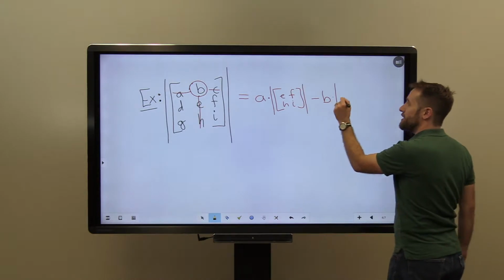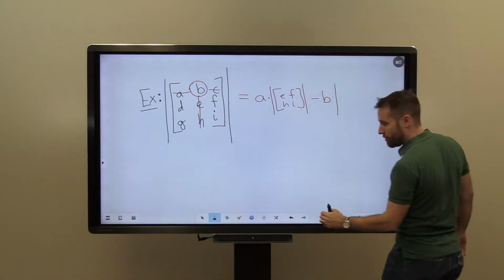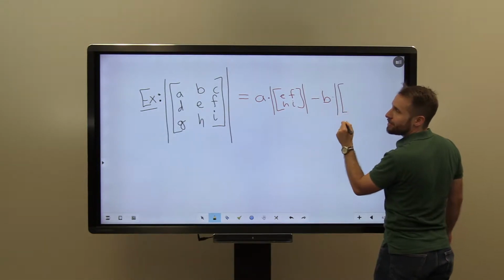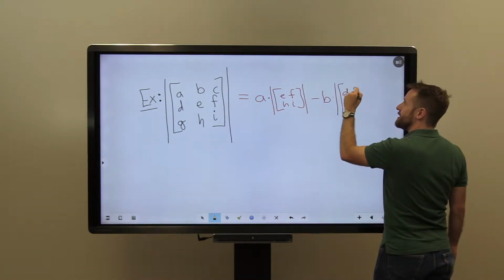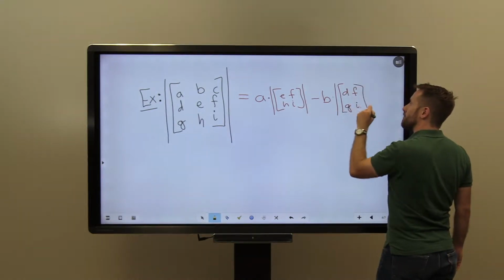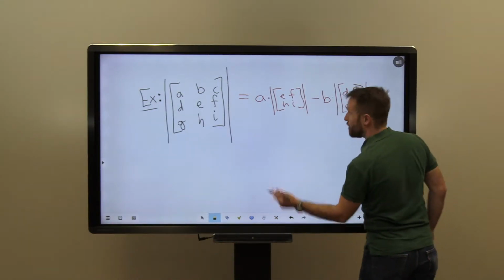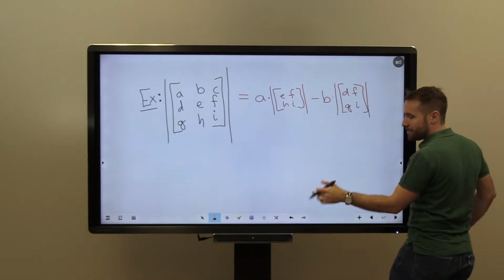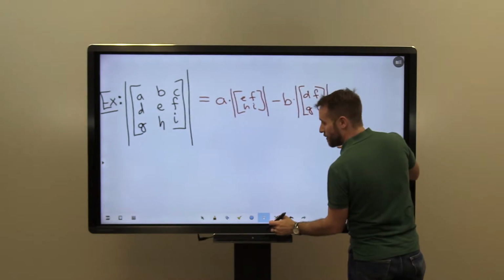And so it will be B times the determinant of that 2 by 2 matrix. All right, so it will be B times the determinant of D, F, G, I.